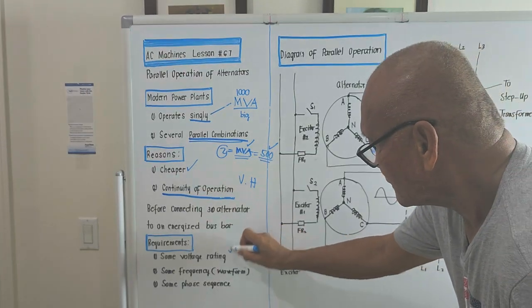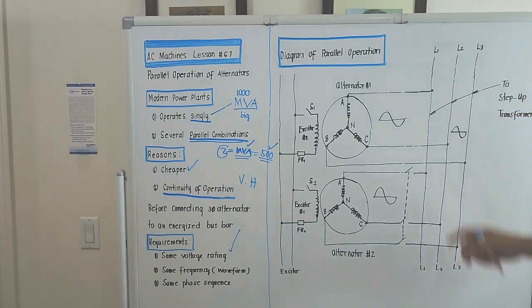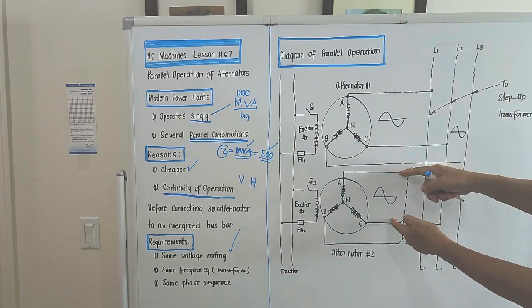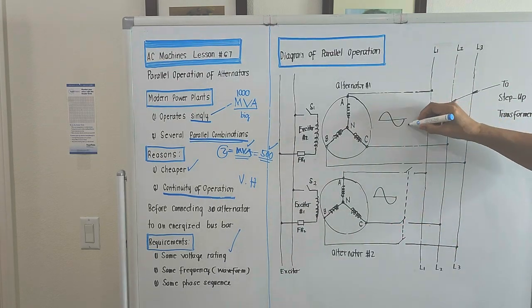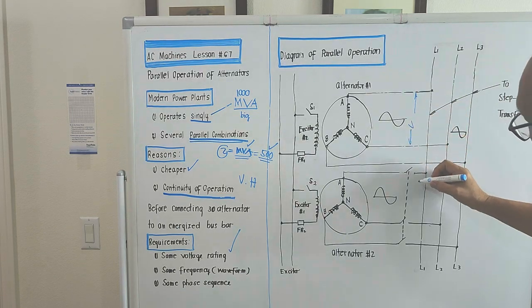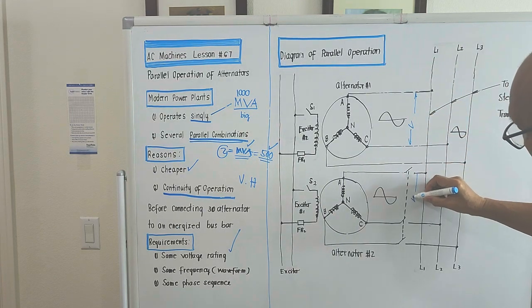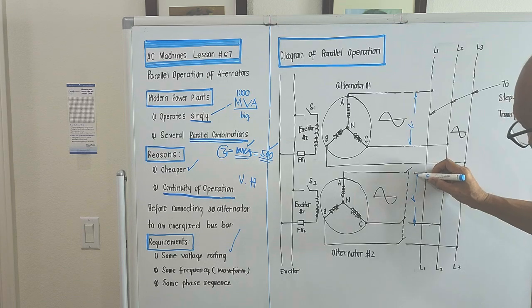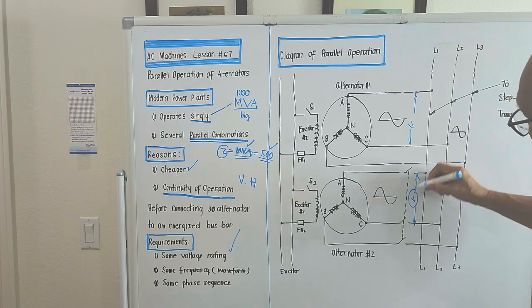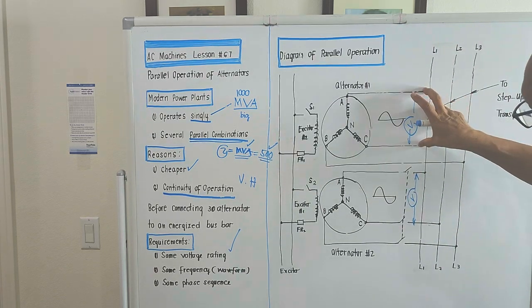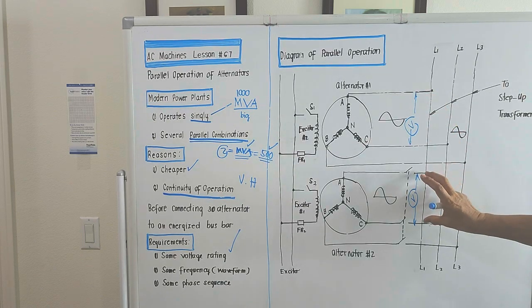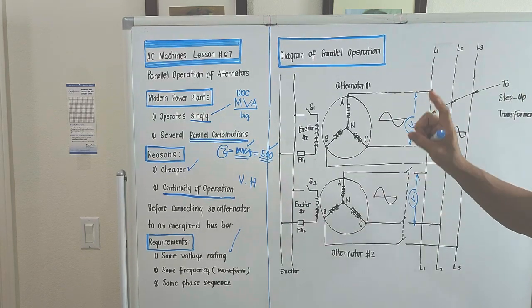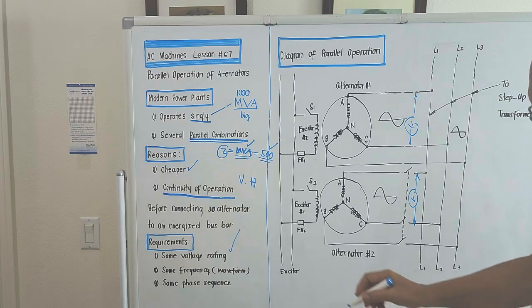The voltage reading, line to line, should be the same. If this is B, this should also be B. The voltage across this should be equal to the voltage across this. And that's the first requirement.